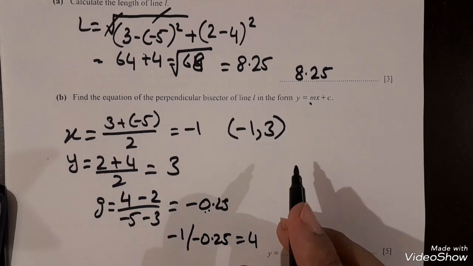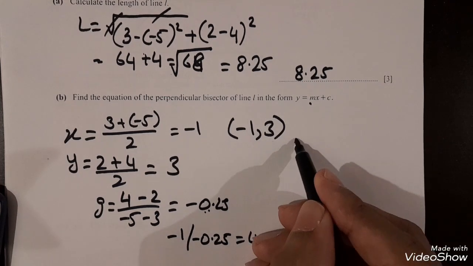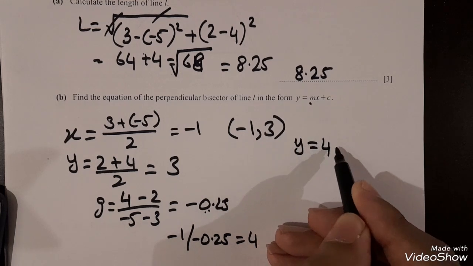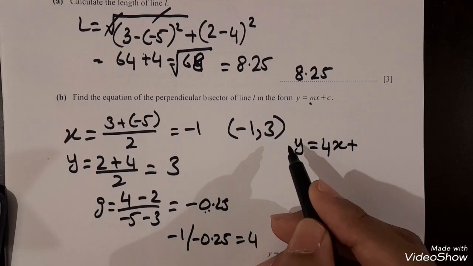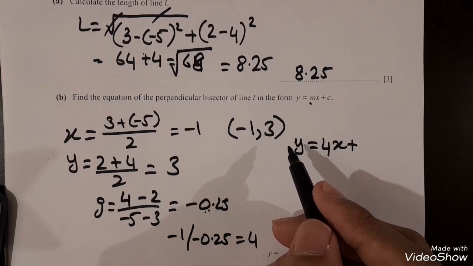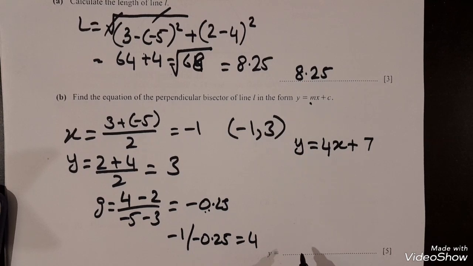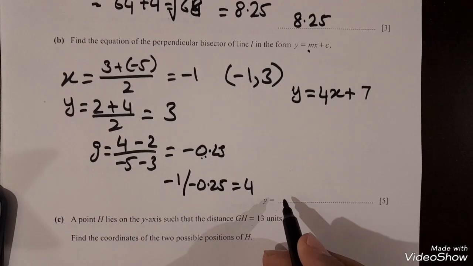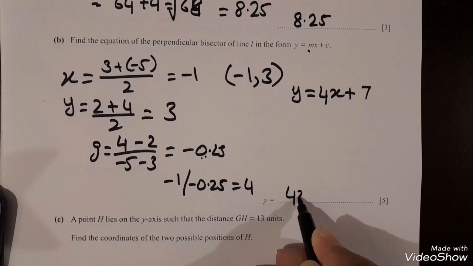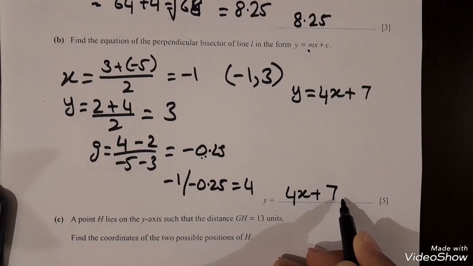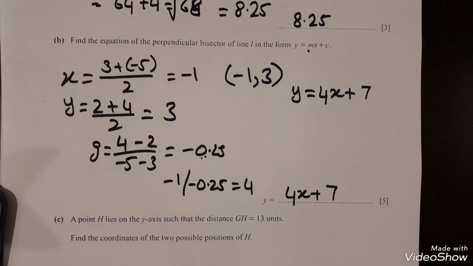So the gradient is 4. So we'll write y is equal to 4x plus c, where c is 7. So the equation is y equal to 4x plus 7. So this is how we calculate part B.